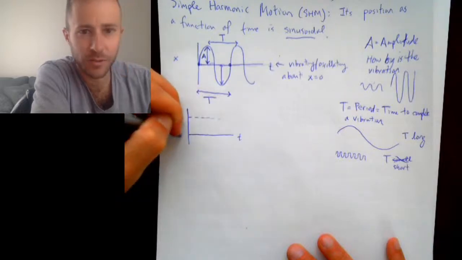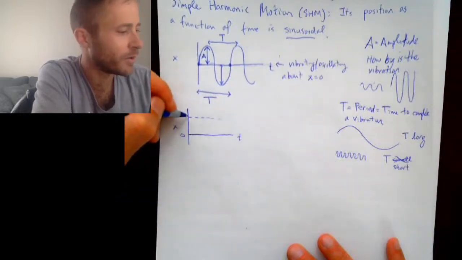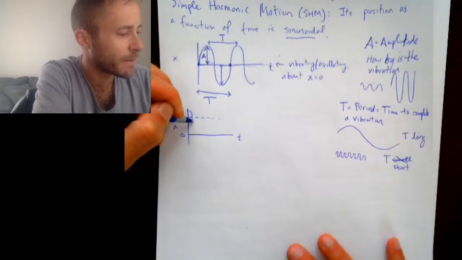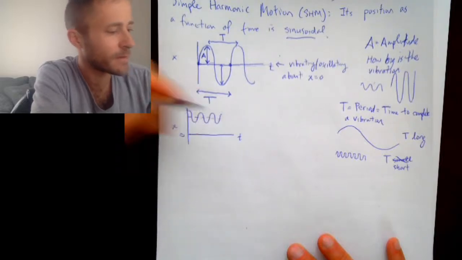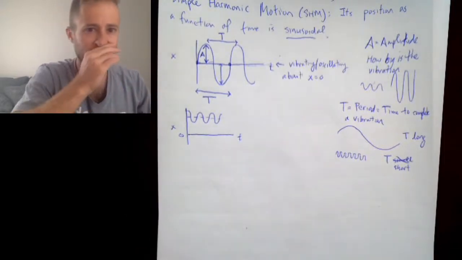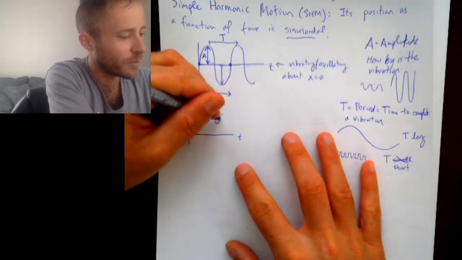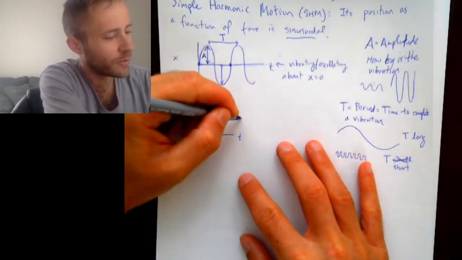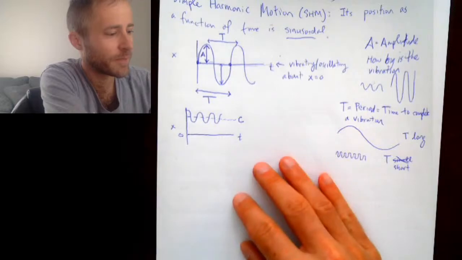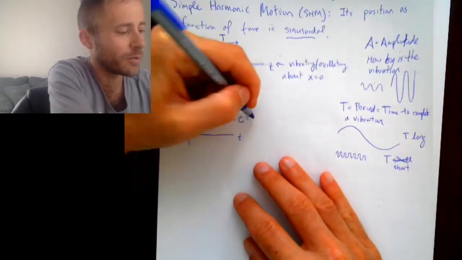So here's x equals 0 down here, but the oscillation is up here, okay? So we can see that it's oscillating about this kind of a center line, all right? And so I'm going to call that C, and that is called the equilibrium position.